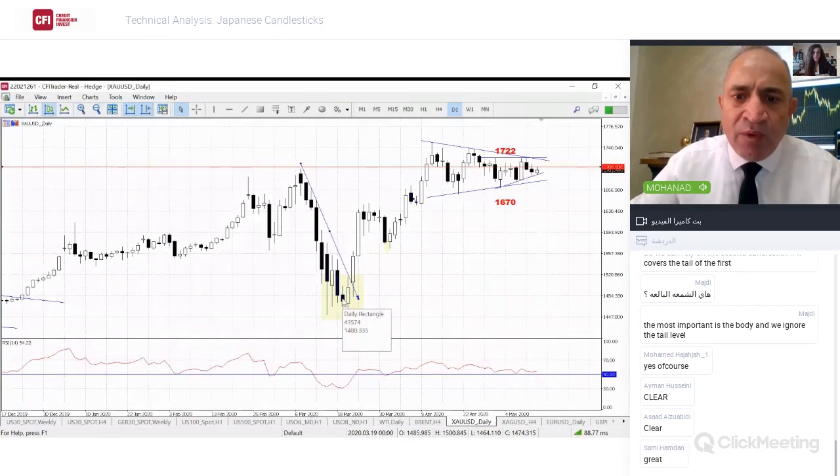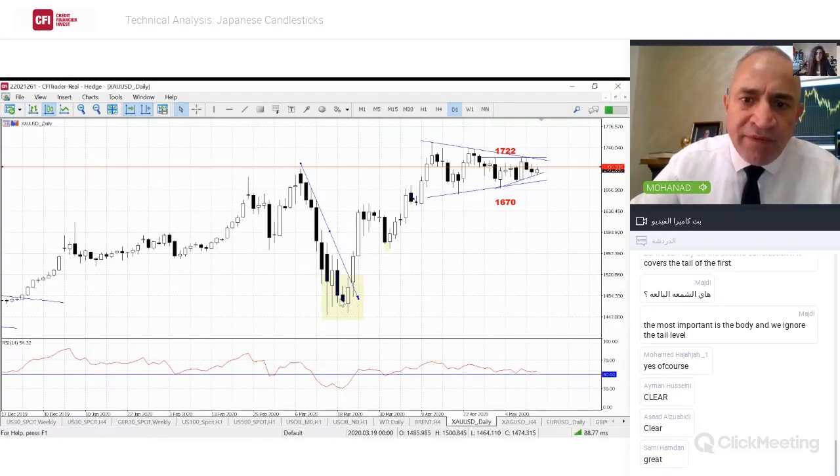The first one is a black one, while the next one is a white candlestick. It engulfs completely the first one. It has a new low open price and a new high close price.